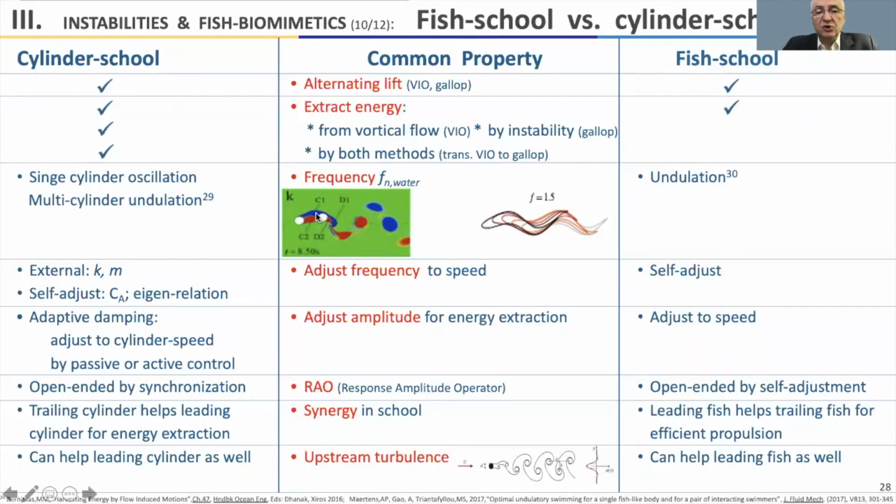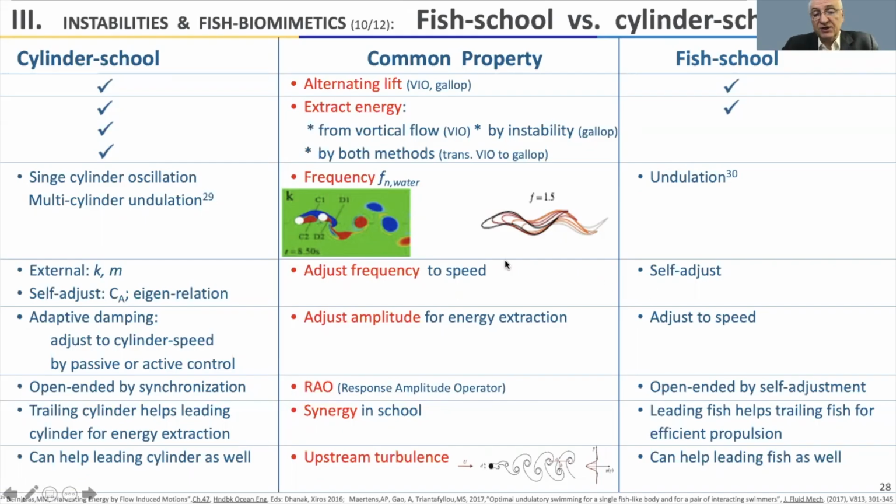Frequency of oscillation, if you look at an array of cylinders, you will see that the patterns that develop look like the undulation modes of fish. Of course, fish self-adjust the frequency, while the frequency of oscillators is adjusted in 2 different ways.